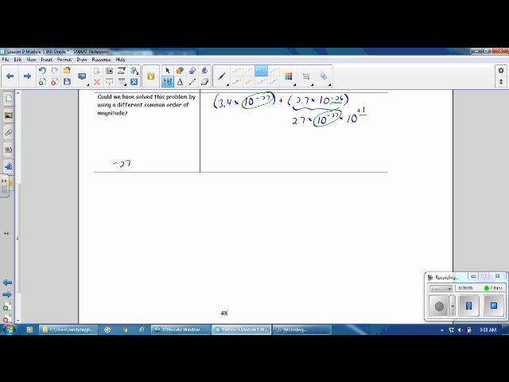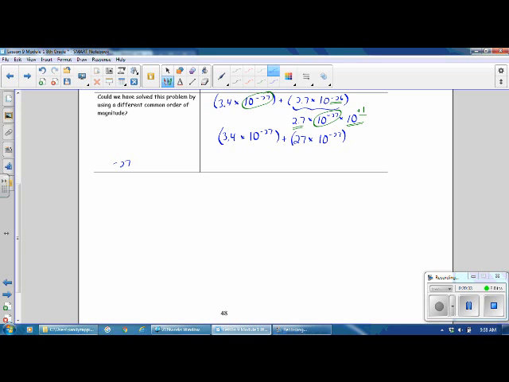Then to preserve 10 to the negative 27, we multiply 2.7 times 10 to the first, which is 10, and that gives us 27. So we're rewriting this part of the problem as 27 times 10 to the negative 27. And we're adding that to 3.4 times 10 to the negative 27.